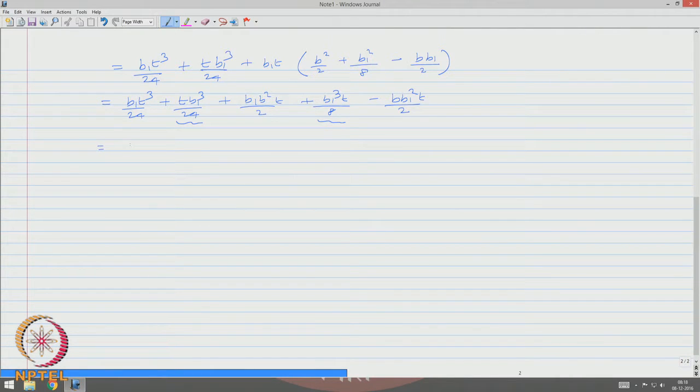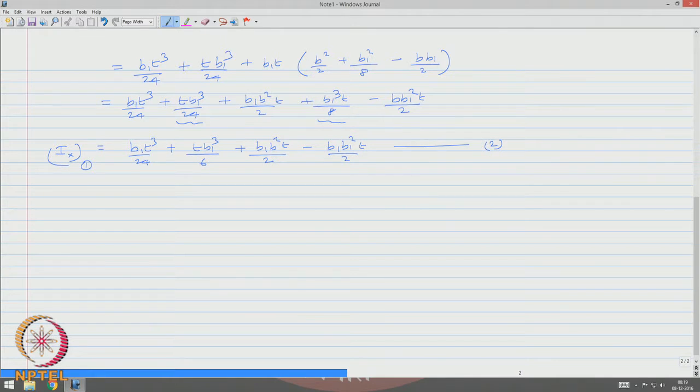So, let us say B1 T cube by 24 plus T B1 cube by 6 plus B1 B square T by 2 minus B B1 square T by 2. Let us say this is Ix only of the first component, equation 2.